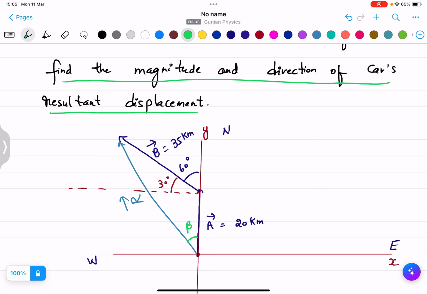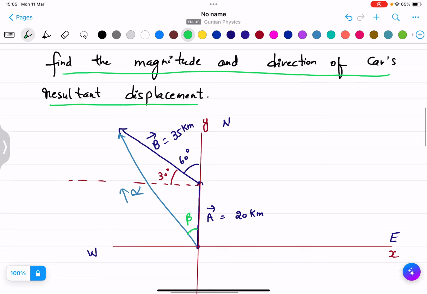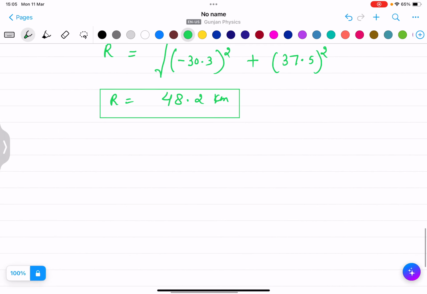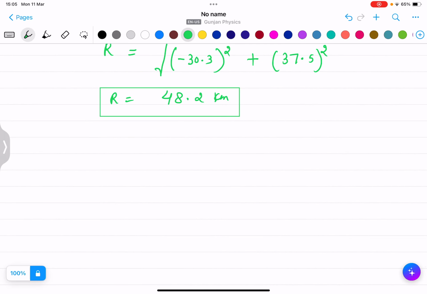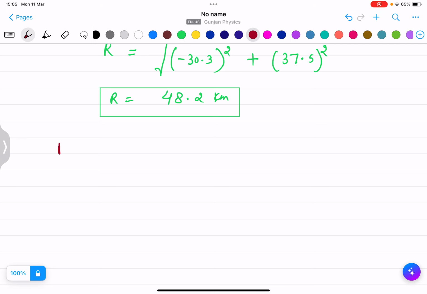So how am I going to find this? I need to use a formula. Please remember this formula, I am writing it here. Formula to remember to solve such type of questions.